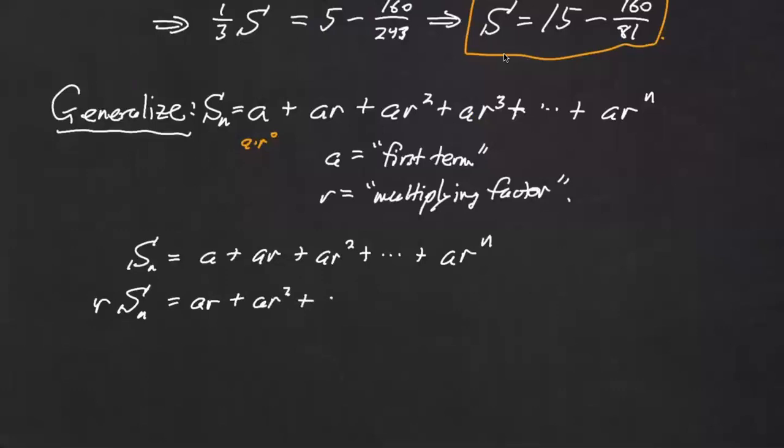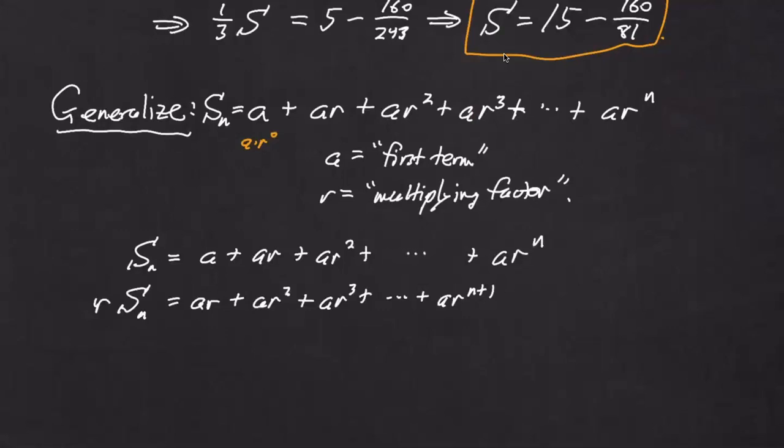AR plus AR squared plus AR cubed plus, well, I have to be a little bit careful here, AR to the N plus 1. To actually spread this out a little bit, let's spread this here. Let's be generous.